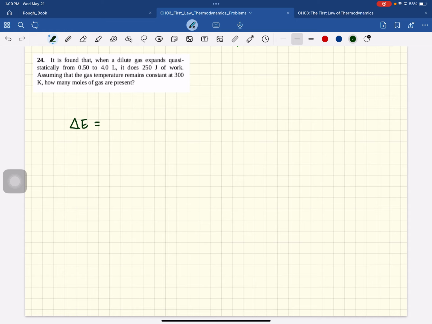So delta E is equal to Q minus W. The temperature remains constant, so delta E is 0. 0 equals Q minus W. Q equals W. So the amount of heat it absorbed was 250 joules.